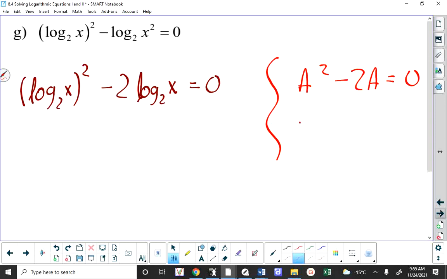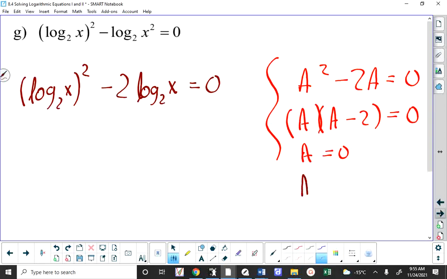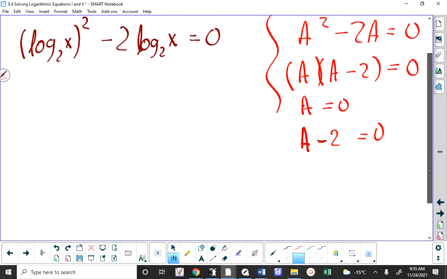And if you solve this equation, you would factor out the a, and you would get a equals 0 for this factor, and you would get a minus 2 equals 0 for the second factor. It's no different than having sine squared of x minus 2 sine of x equals 0.